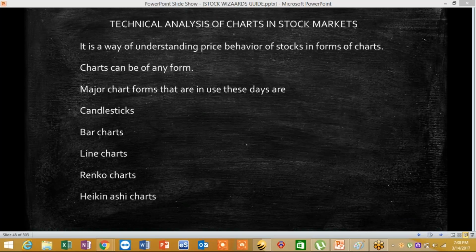Today we will be learning about technical analysis and its importance in stock markets. We will be looking at a few chart patterns and candlestick patterns which we use in our daily trading system. You can do any intraday, positional, or even long-term wealth creation using the same system.